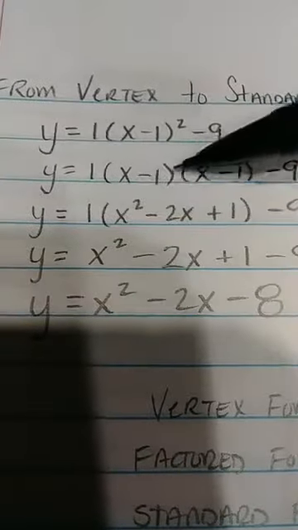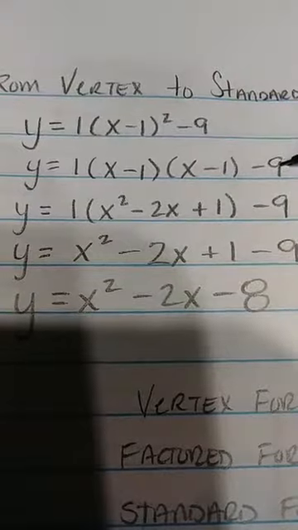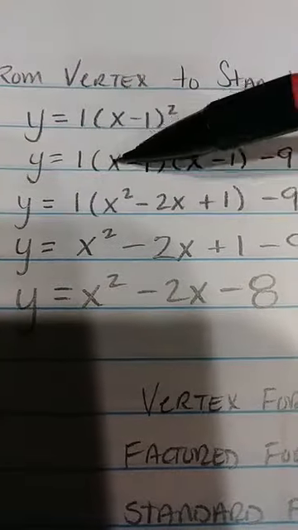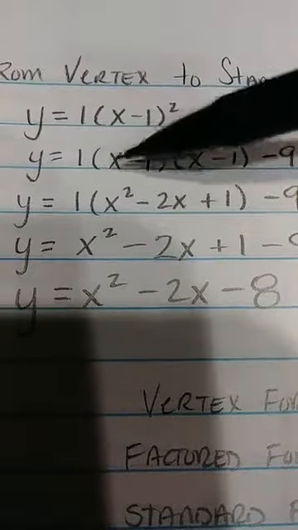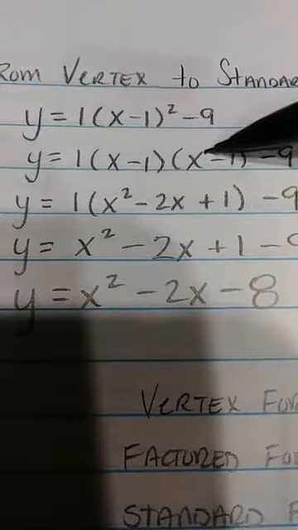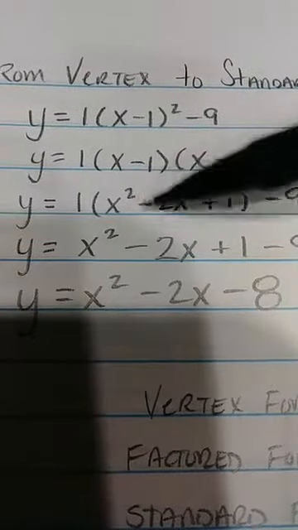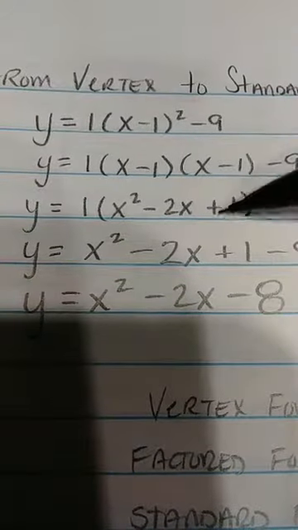X minus 1 squared is the same thing as x minus 1 times x minus 1. Then we put minus 9 at the end. So this is x times x, which is x squared. X times negative 1, that's minus 1x. Negative 1 times x, that's minus 1x. That's how we get what? Minus 2x. And then negative 1 times negative 1 is plus 1.